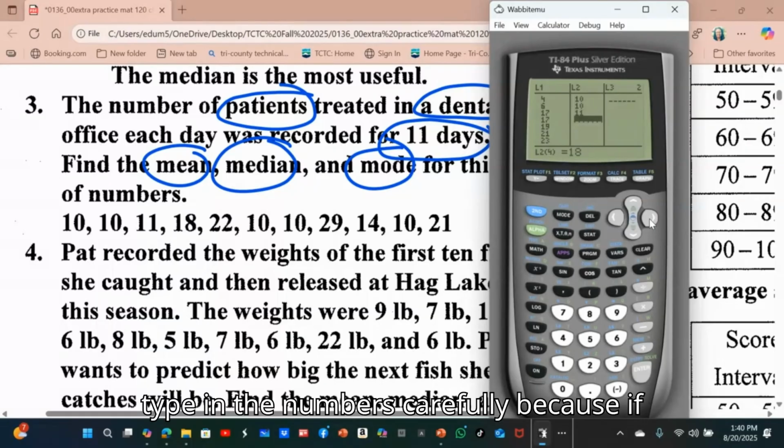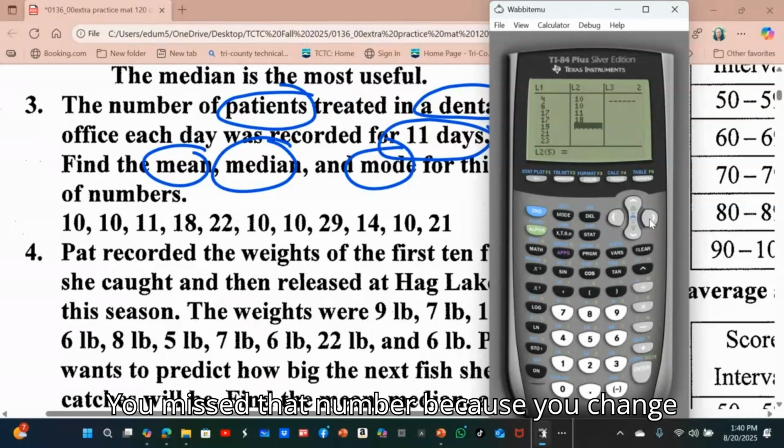18. Type in the numbers carefully, because if you type in 18 and you mistakenly type in 81, the game is over. You missed that number because you changed the question.